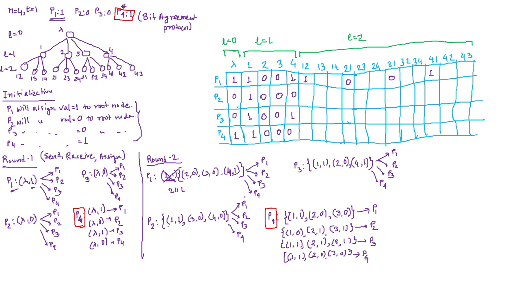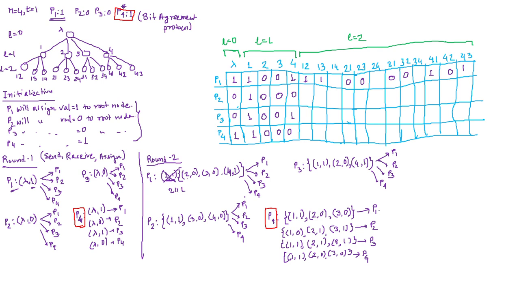Similarly, node 3, 2 will receive the value 0 and node 4, 2 will receive the value 0. Next, P1 receives 1, 1 from P3. So node 1, 3 will receive the value 1, node 2, 3 will receive the value 0, and node 4, 3 will receive the value 1.